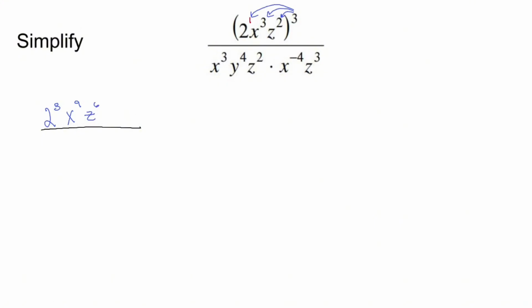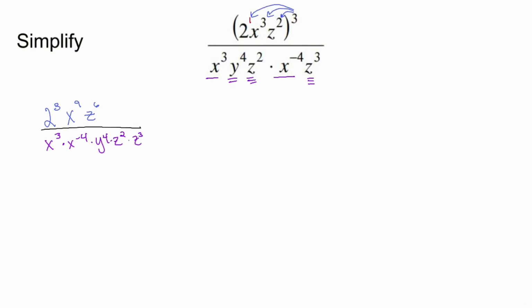Now downstairs in the denominator, I have x to the third and x to the negative fourth. Let's group those together. I have y to the fourth and nothing else like it, so y to the fourth. Z squared and z to the third, let's group those.